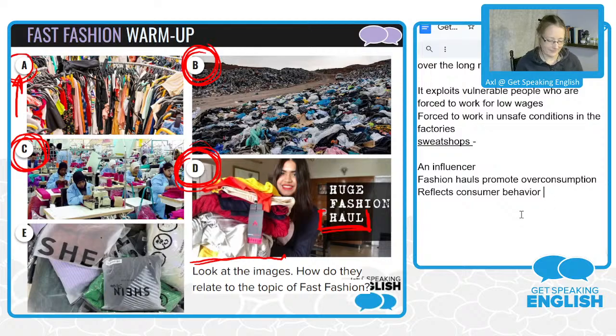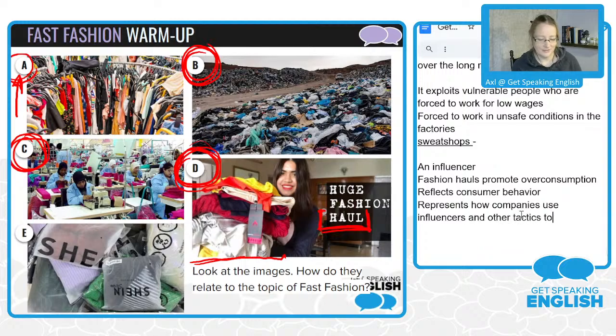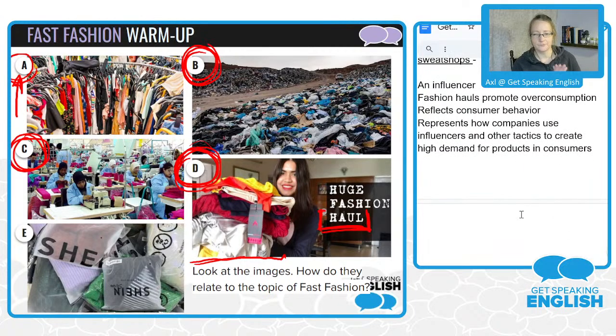Yeah, exactly. So maybe it represents how companies use influencers and other tactics to create high demand for products in consumers, something like that, right?